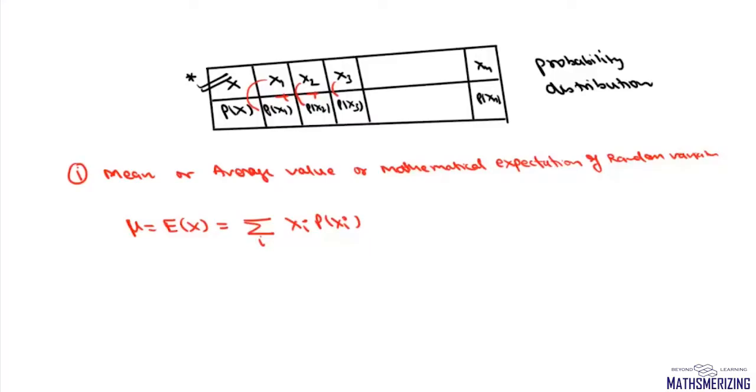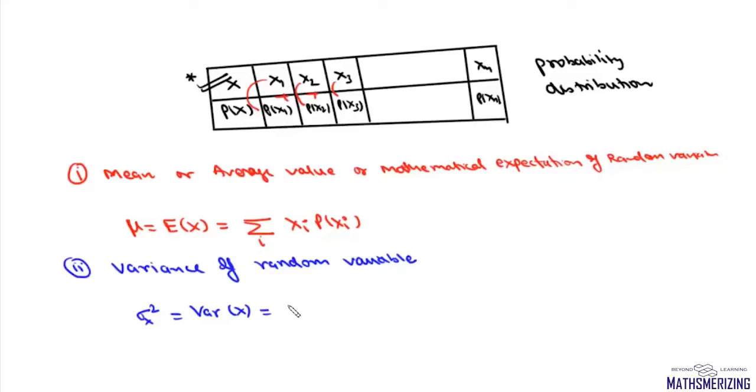And the second thing that we'll study is the variance of a random variable. Now, the variance of a random variable we can write as sigma x square, or simply variance of x, and variance of x is actually the expectation of (x minus mu) square.